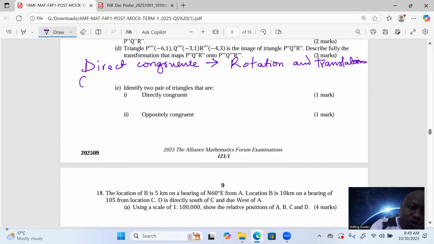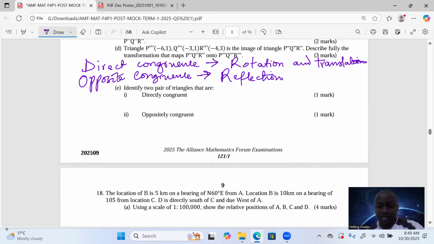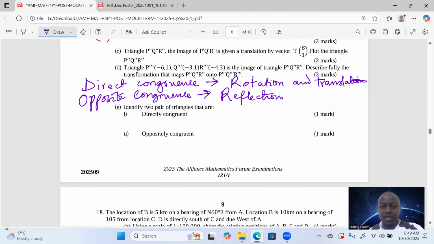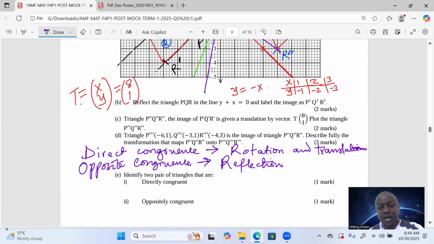Then for opposite congruence, or indirect congruence, it is reflection that gets involved. So when you reflect, you get triangles that are oppositely congruent. When you rotate or translate, you get triangles that are directly congruent. So from this, you just monitor the transformation that was involved in each particular case.